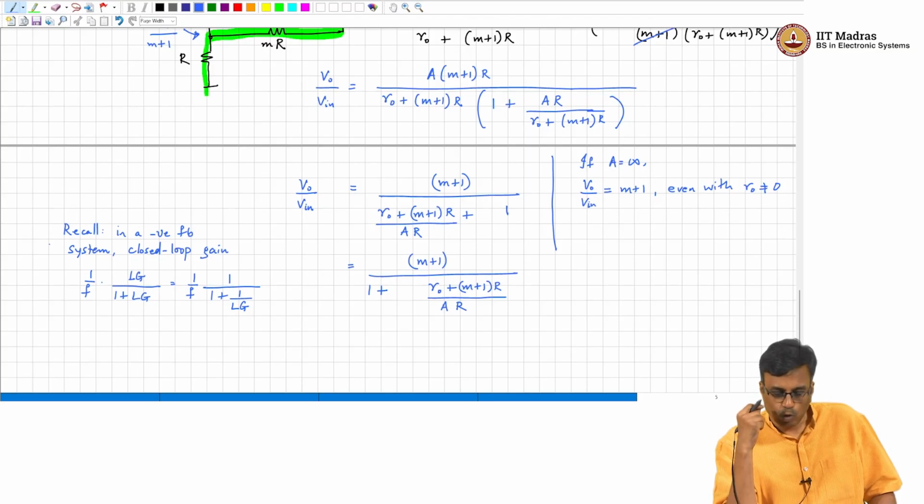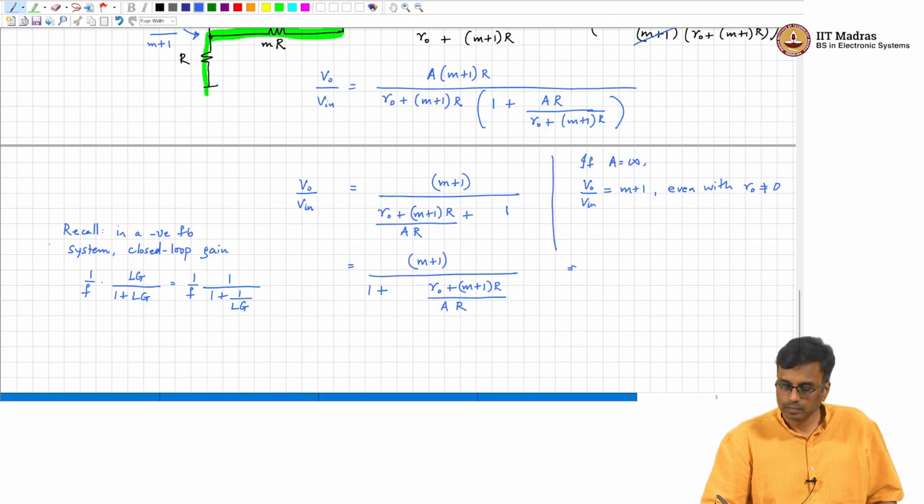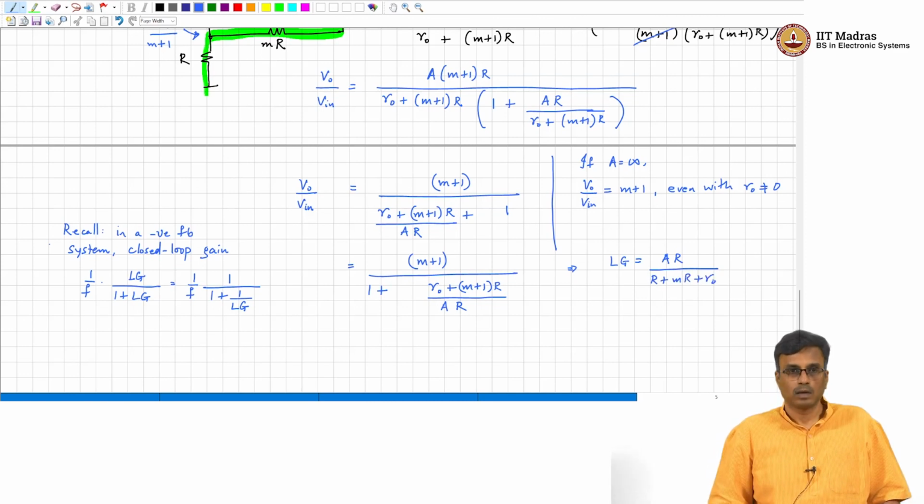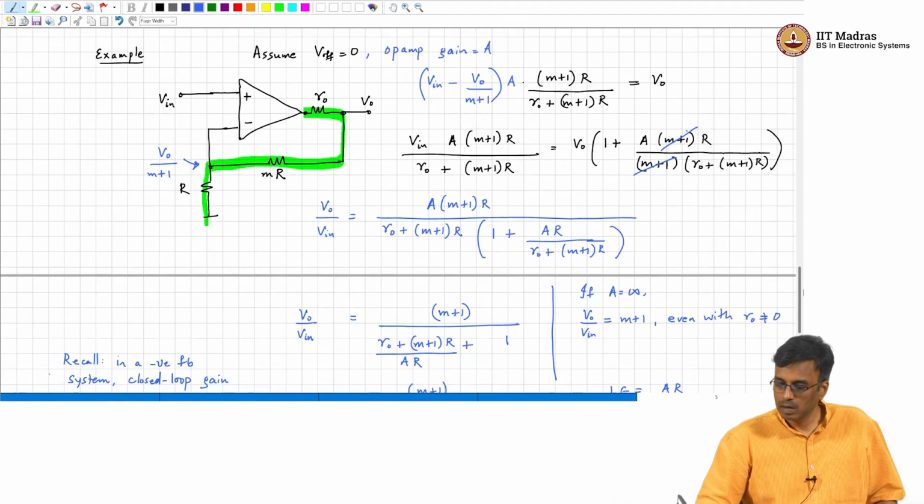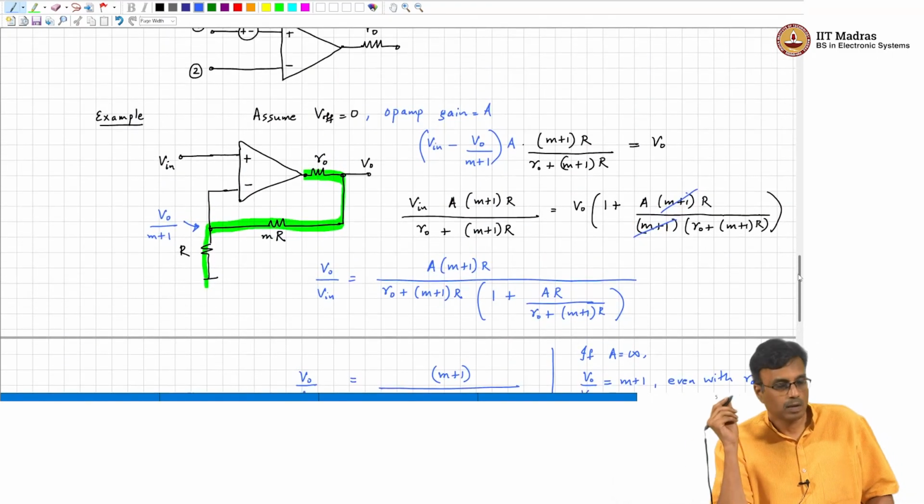Okay. And so now staring at the two expressions, what is the loop gain? Loop gain is nothing but AR by R plus MR plus R naught. Okay.